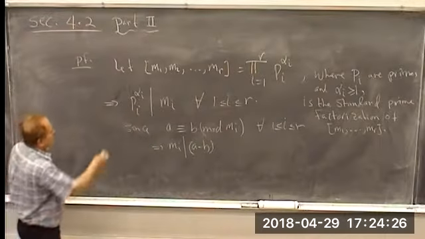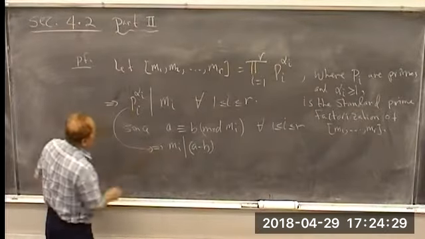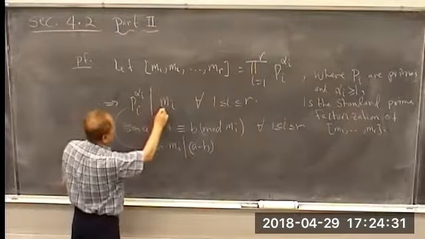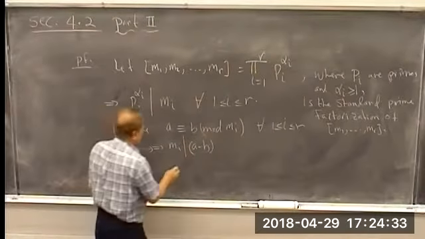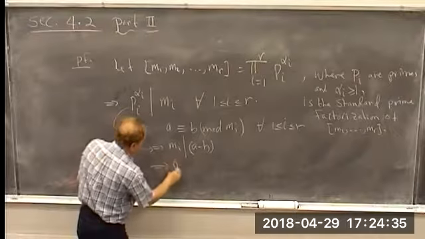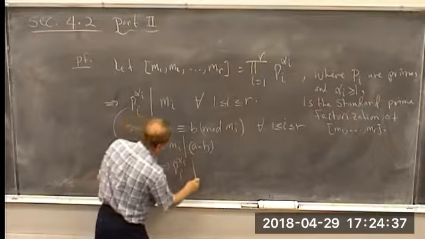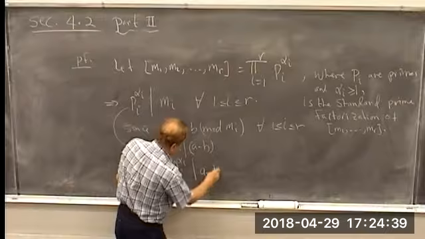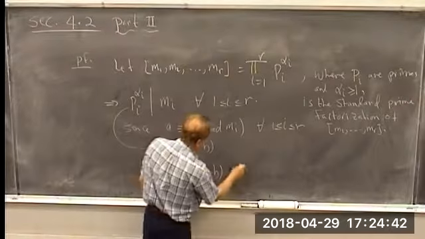Now let's look at these two divisibilities, okay? So p_i to the alpha_i divides Mi, which divides this. So this implies that p_i to the alpha_i divides A minus B for every i.